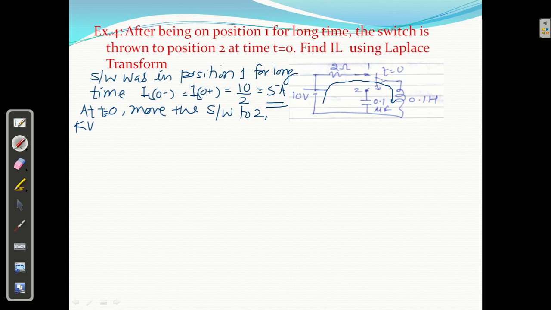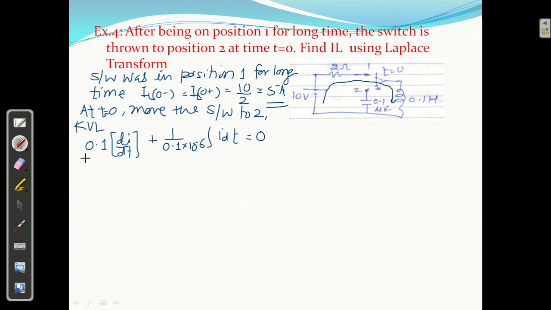If you write the KVL, L means 0.1, L di by dt plus 1 by C, integration of I dt equal to 0. 1 upon C is 1 upon 0.1 into 10 raised to power minus 6. No source is there in this loop.